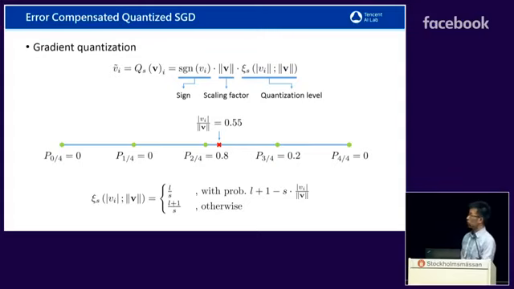For example, if the absolute value of Vi divided by the scaling factor equals 0.55, then it will be quantized either to L equals 2 with a probability of 0.8, or quantized to L equals 3 with a probability of 0.2. So this will be an unbiased estimation of the original V.